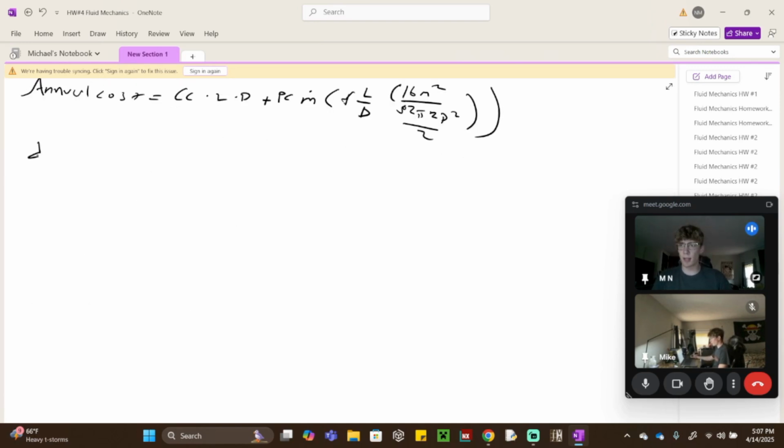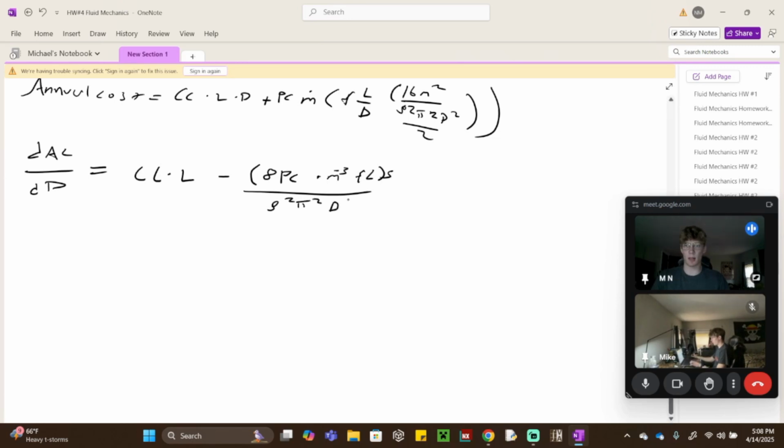And now taking the derivative of our annual cost with respect to the diameter, we will get Cc times L minus 8 Pc times m dot to the third power F L, all this times 5 over rho squared pi squared d to the 6th.